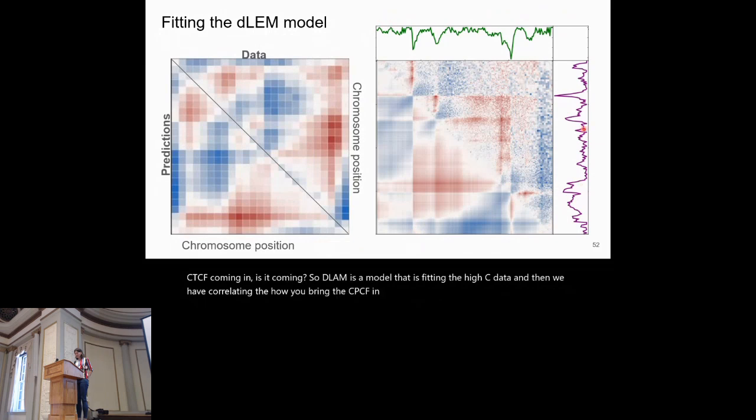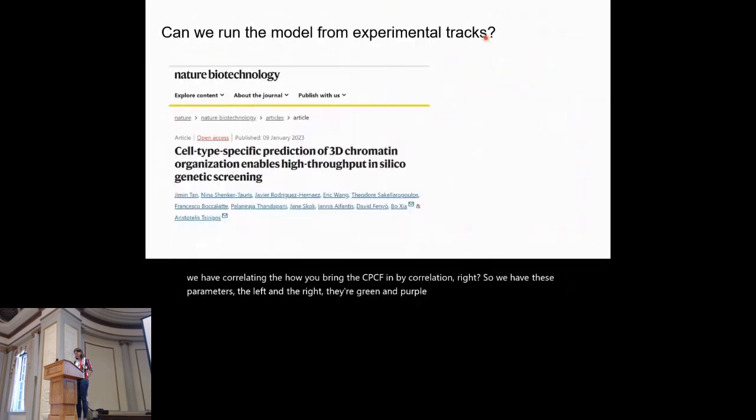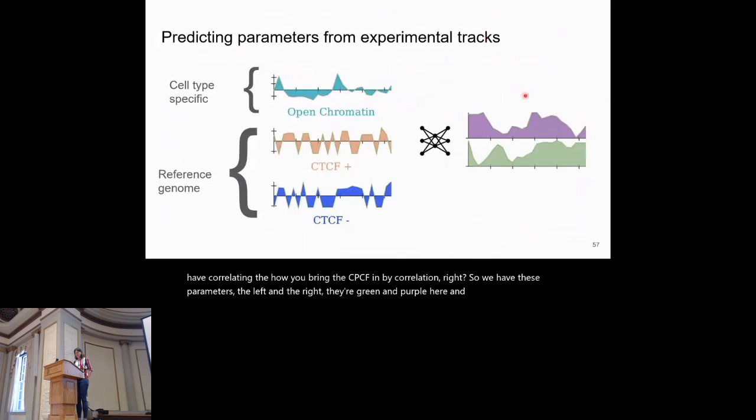Right, so we have these parameters, the left and the right, the green and purple here, and we predict those parameters. So we have this 1D data, and we predict 1D parameters. And this is really nice because we don't need any kind of attention. Everything is super local. And then from here, you just have this completely closed form decoder that turns it into 2D. So you're just doing a regression or something?